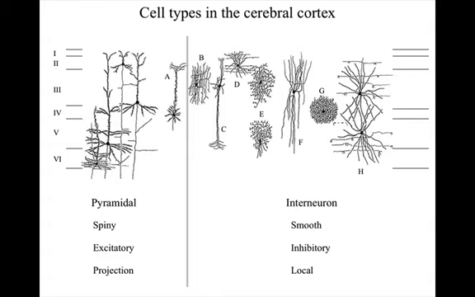Most pyramidals are projection neurons, meaning that they target other neurons at long distances away. Neurons that project the longest distance tend to be larger. The pyramidals in the motor cortex that project all the way down to the spine are particularly large. The one exception to these rules is the spiny stellates, that are small pyramidal neurons but only project in their immediate vicinity.